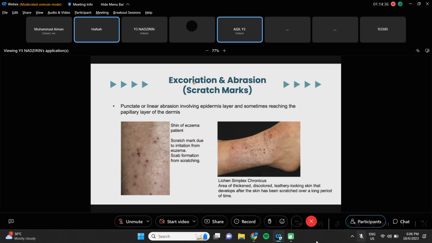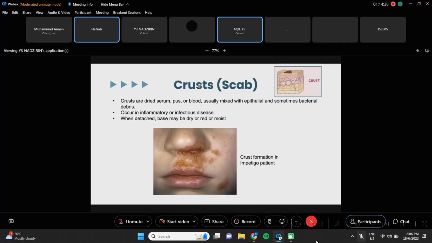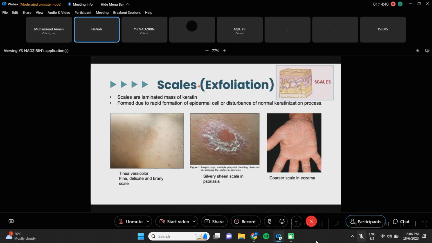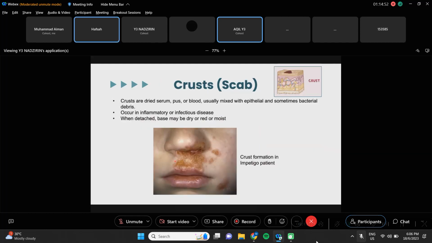Okay, the next one is excoriation. Go back to the last slides. Okay, the typical impetigo, the crust. Next one. Okay, usually in impetigo, they describe it typically as honey-colored crusting.